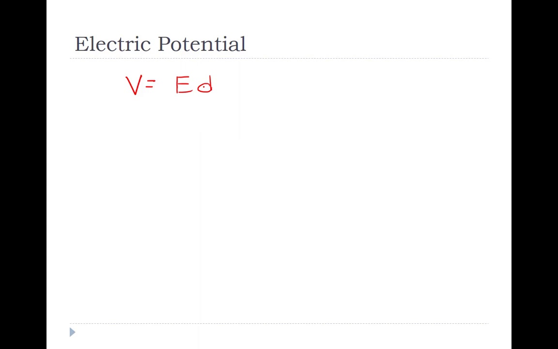So it shouldn't really surprise you that the formula for calculating the potential due to a point charge is going to differ from the formula for calculating the electric field due to the point charge by one factor of distance. Okay, so here we go. V equals kQ over r. One factor of r different. One factor of r less, if you will.